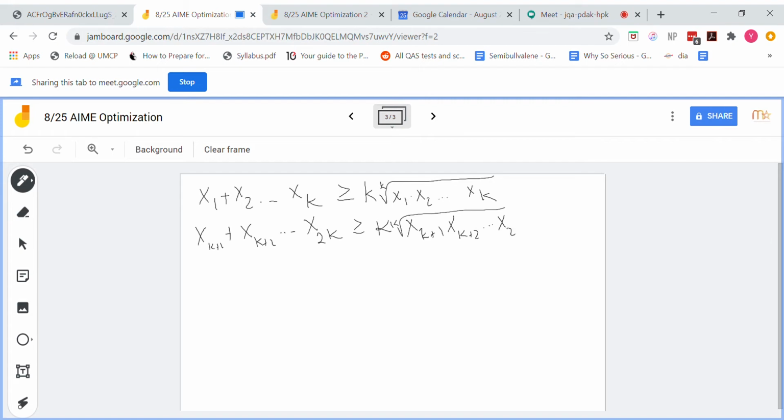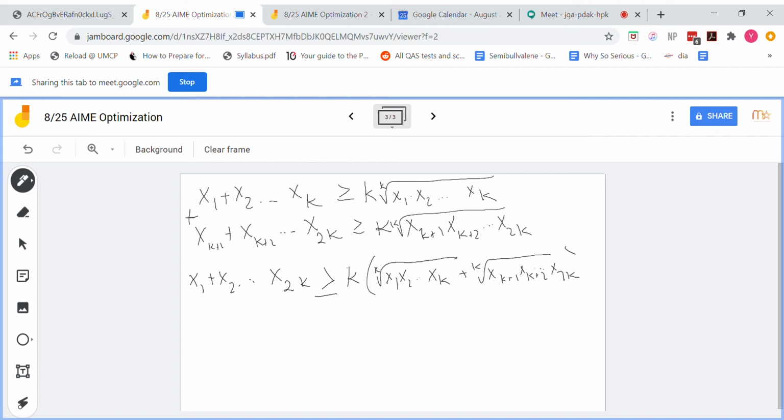So now if we add these two together, we have x sub 1 plus x sub 2 all the way to x sub 2k on the left side. And on the right side, we have k times the kth root of x1, x2, all the way to xk, plus the kth root of x sub k plus 1, x sub k plus 2, all the way to x sub 2k.